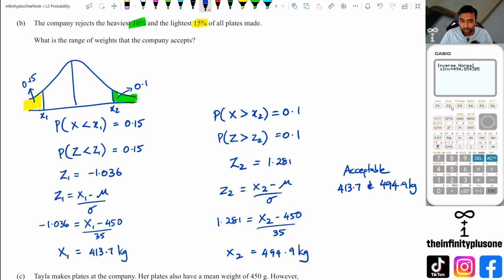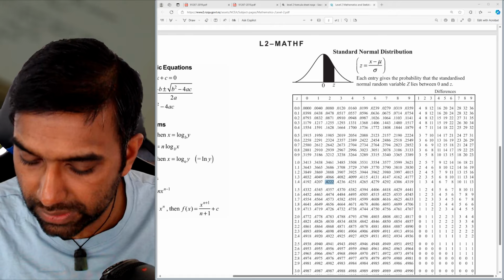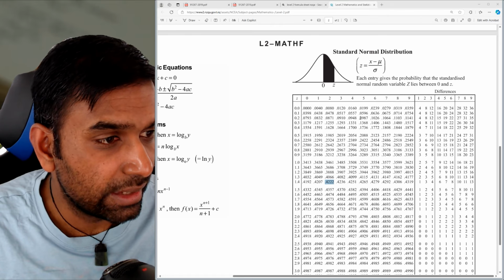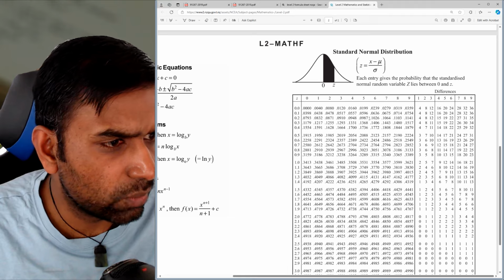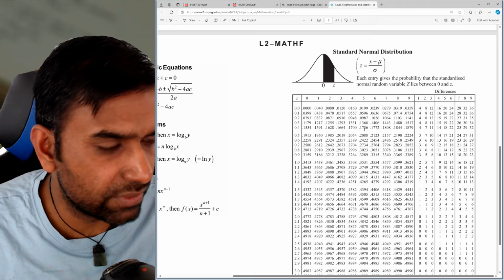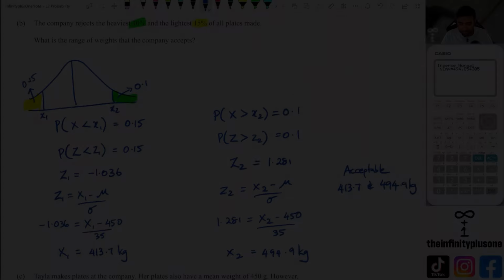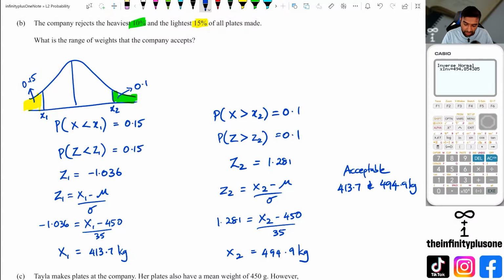Doing it manually, you would actually have to go back to the table and work backwards. So when we're looking for 0.1, you actually have to go here and see, notice how this is 0.1, 0.1, 0.1, no, 0.15 first. Actually, no, I just realized something. It won't be 0.1 because in the table, what you have to do is find the inverse of this. So this is 0.4.